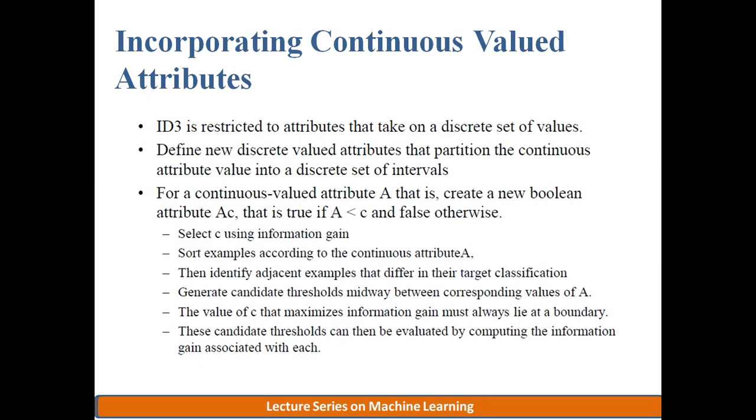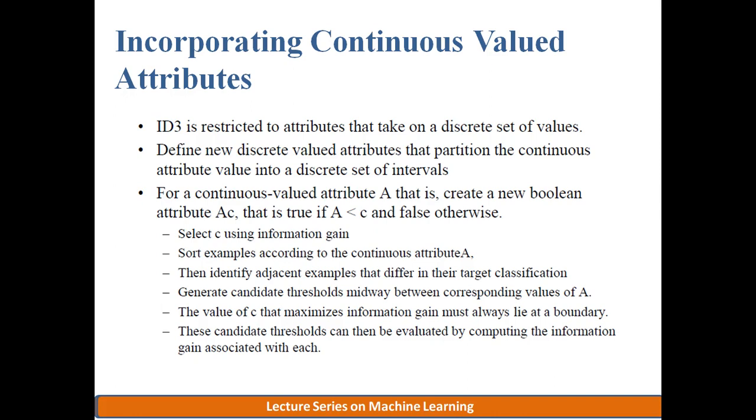This is regarding how to avoid overfitting the data. Then the next important issue of the decision tree is incorporating continuous valued attributes. Now we know we started the discussion of ID3 with only a discrete set of values. The target attribute whose value is predicted by the learned tree must be discrete valued.